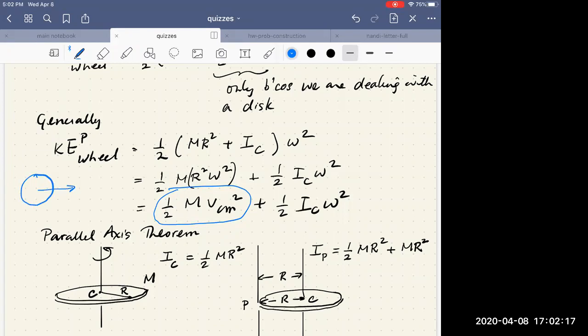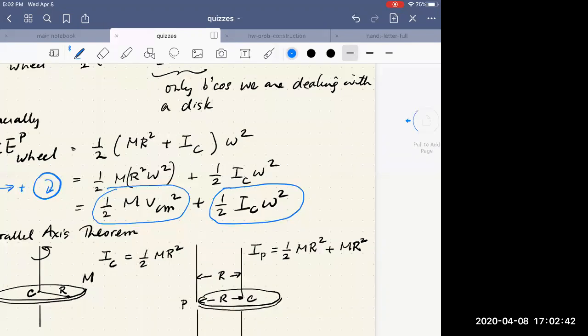And the second term here describes that the wheel is simply turning, but not even translating. So in a sense, the kinetic energy of the wheel about the point P can be broken down into these two pieces. I will now quickly do a simple problem.